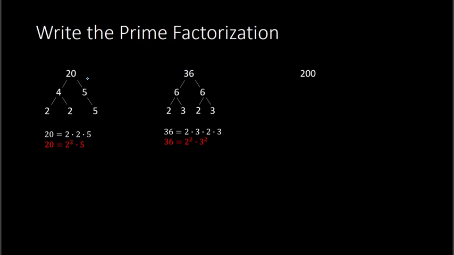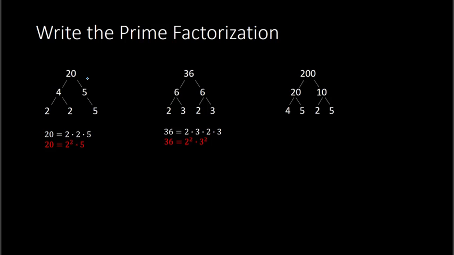One more example, we have the number 200. 200 is composite and can be broken down as a product of two numbers. We can think of 200 as a product of 20 times 10, both of which are still composite. So 20 can break down further as a product of 4 times 5. And then 10 can break down as a product of 2 times 5.